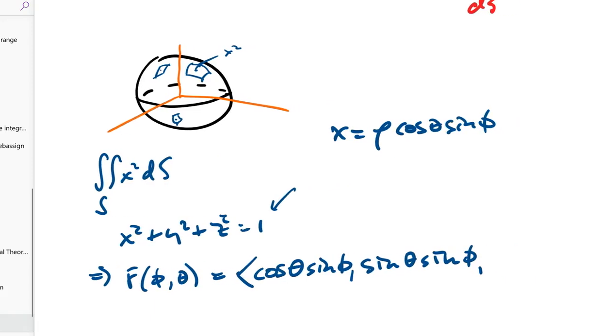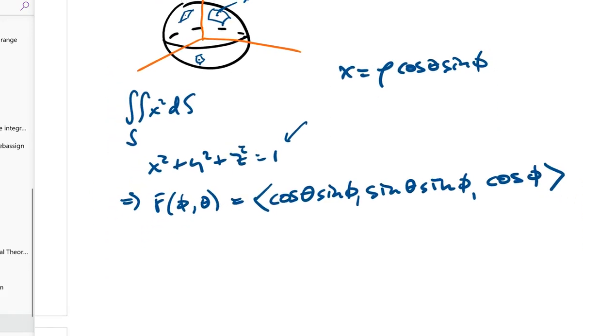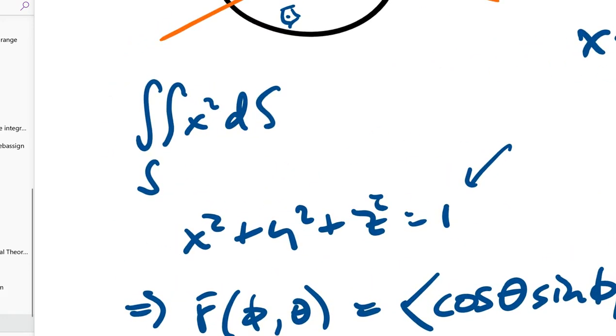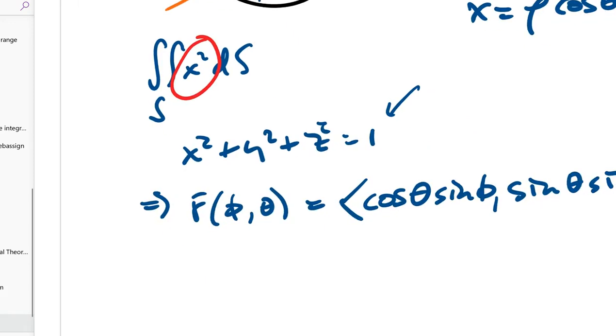And z was cosine of phi. All right, so that's r. Whenever we perform the integral, we just use x squared, so we're going to square this and put that in the integral in just a minute.